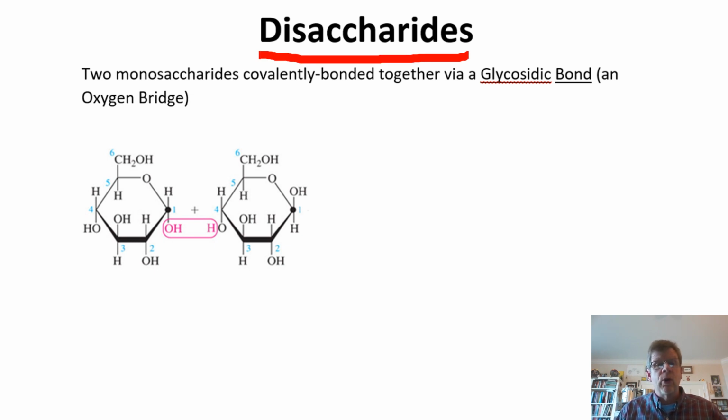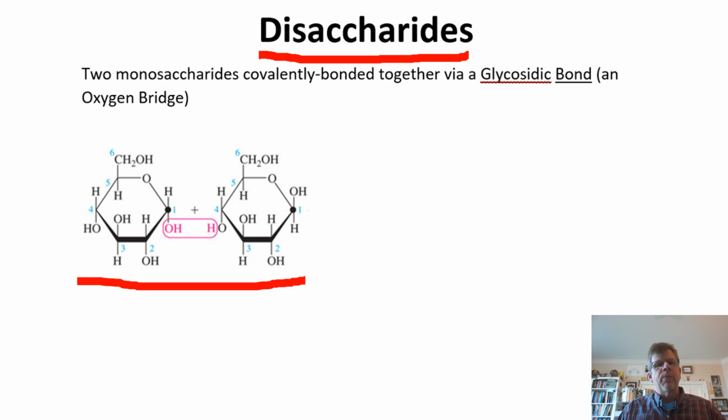Di means 2, so we're talking about 2 monosaccharides that are going to be covalently bonded together. And it is the nature of this covalent bond that derives a lot of the interest or salient features of disaccharides.